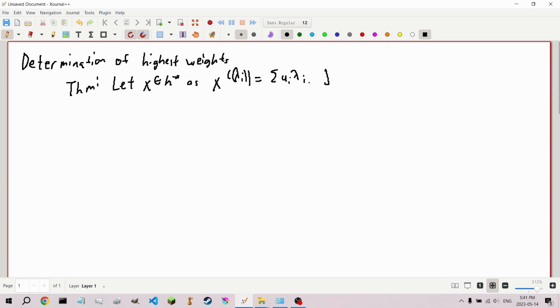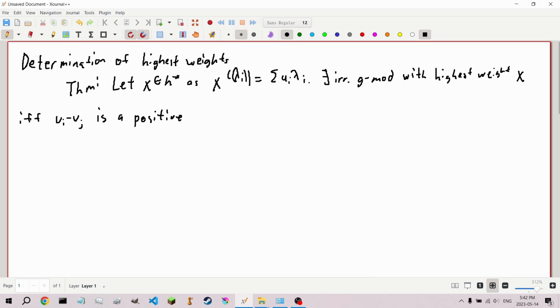And there exists an irreducible G module with highest weight chi if and only if u_i minus u_j is a positive integer for all i less than j.